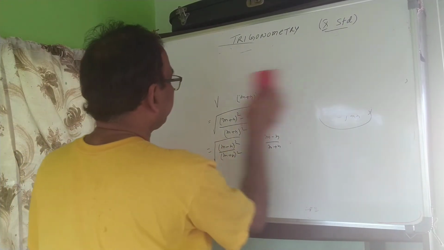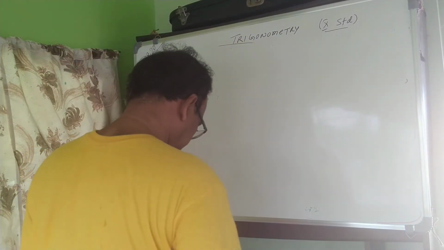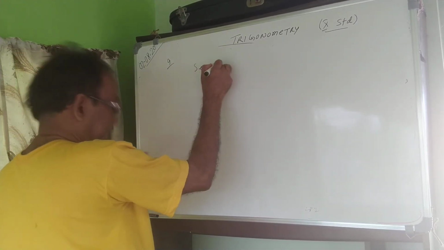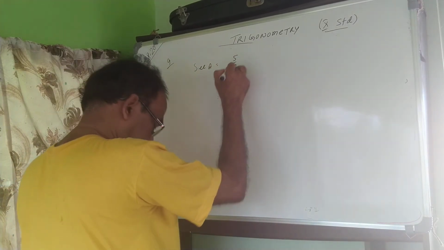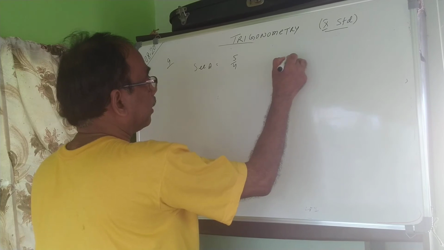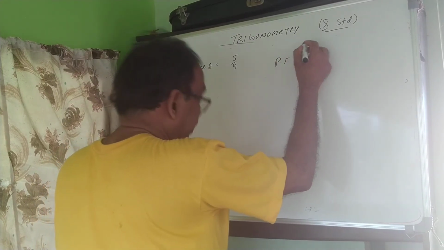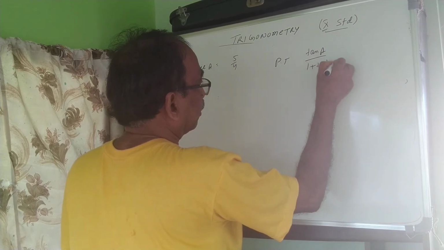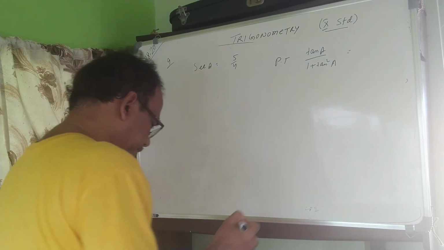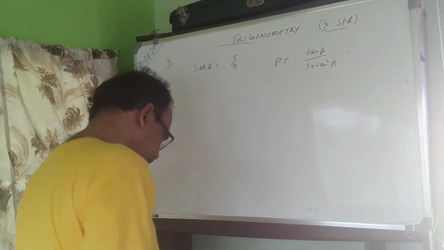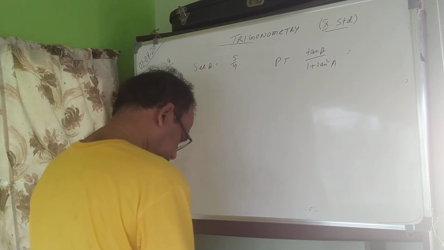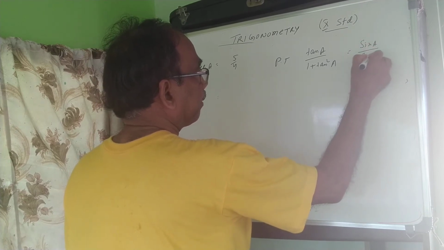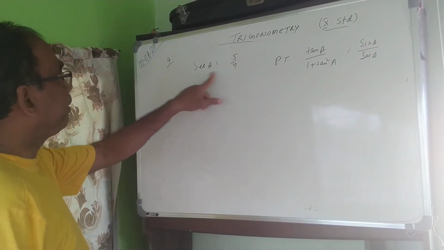Sum number 9. Sec A equals 5 by 4. Prove that tan A by 1 plus tan square A equals sin A by sec A. So here sec A is this.